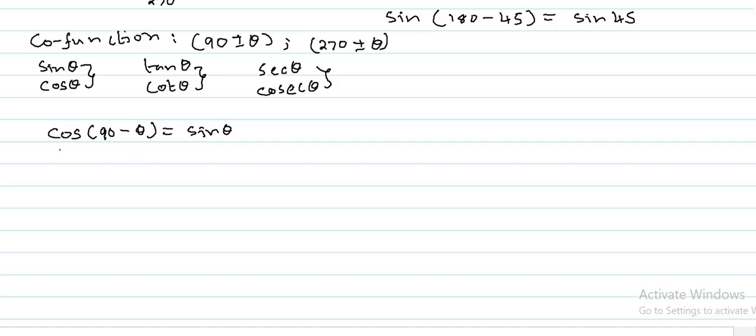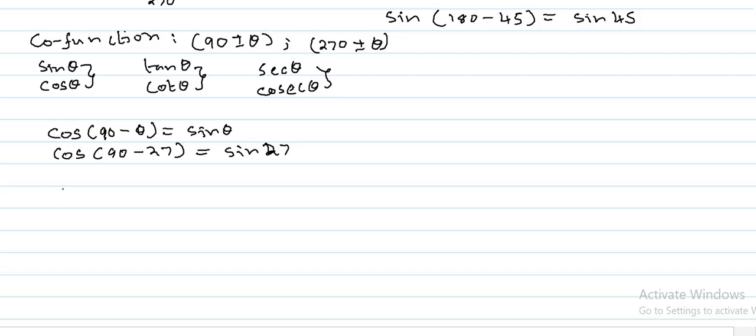Again, if we have the cos of 90 minus 27, when we see 90 minus any theta, we must think about the cofunction of cos. So the cofunction of cos is sine, and 90 minus theta is quadrant number 1. All trig functions are positive, so this will be the same as the sine of 27.